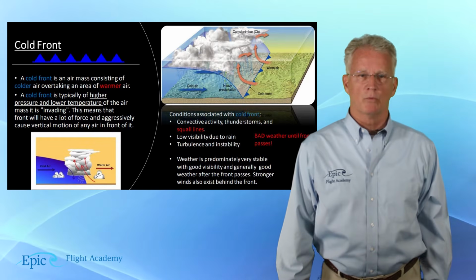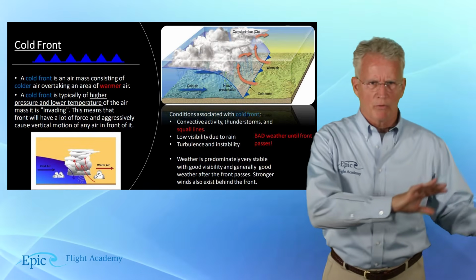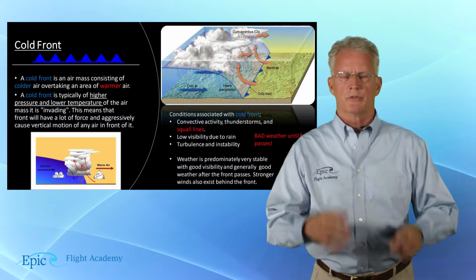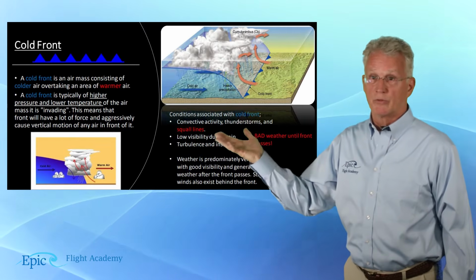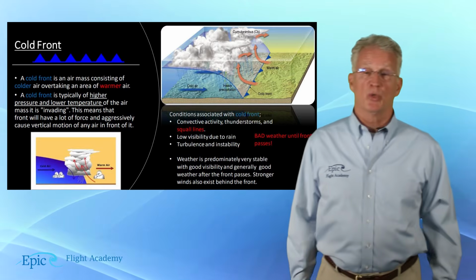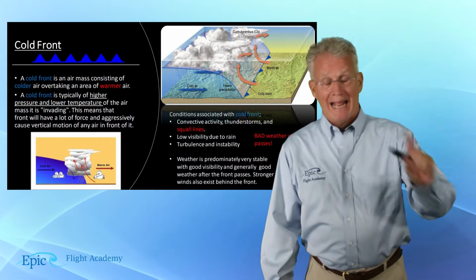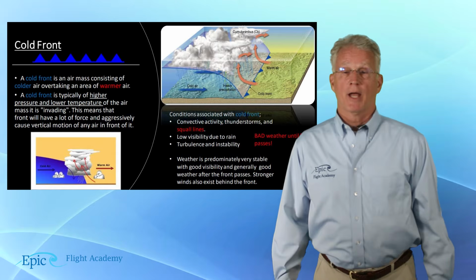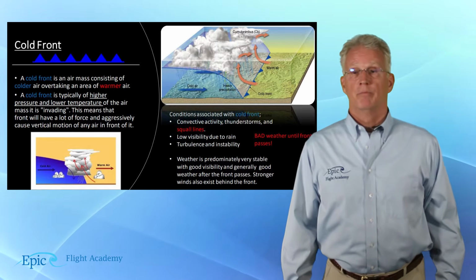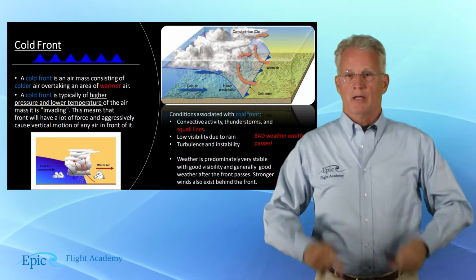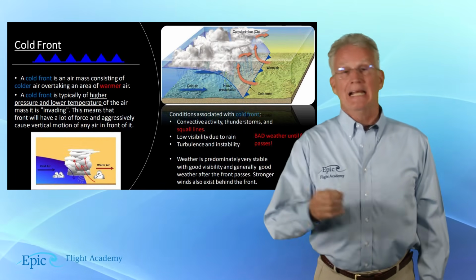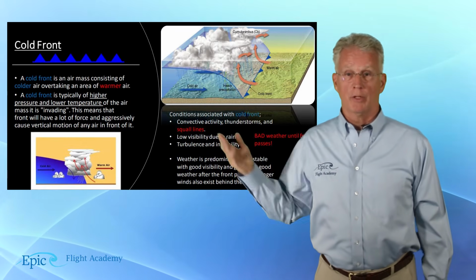This means that the front will have a lot of force and aggressively cause vertical motion. Now, when this warm air is pushed aloft by this cold front, it is going to experience colder air. And again, going back to our video on stability, that will lead to unstable air masses and the conditions associated with a cold front.